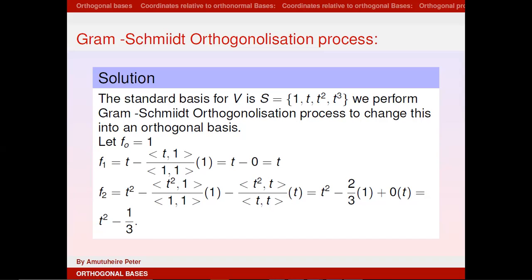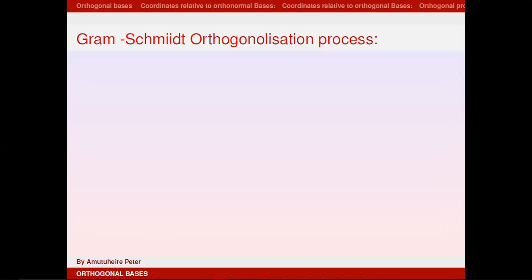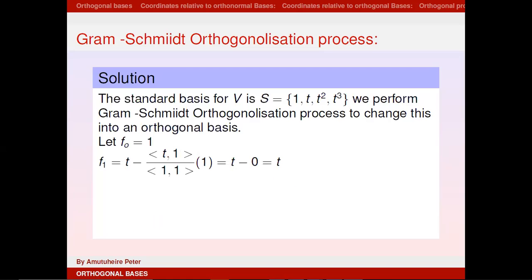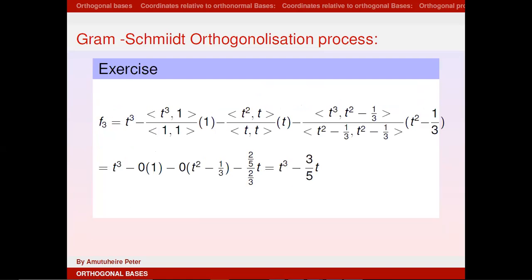Next, we want to find f3. Remember, we found f0, f1, f2. So to get f3, we compute the component of u3 that is orthogonal to f2, f1, and f0.